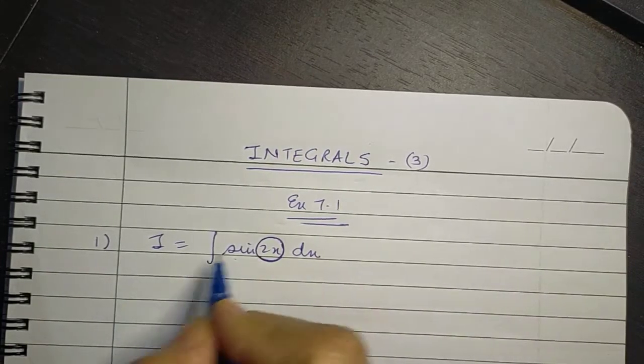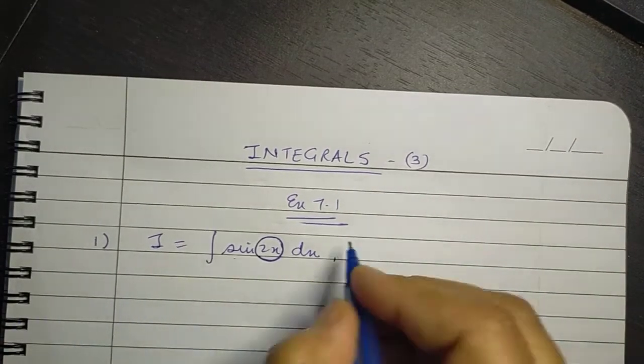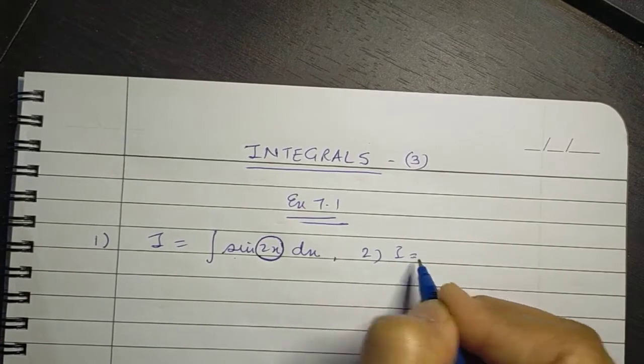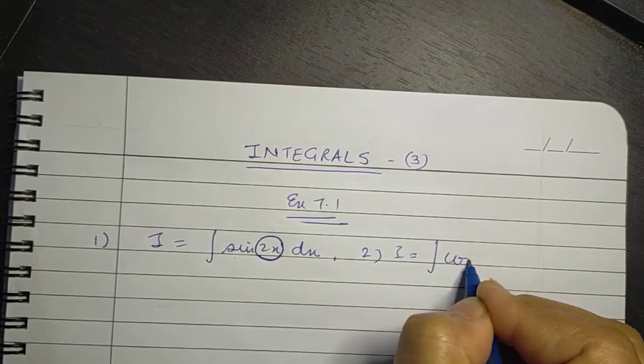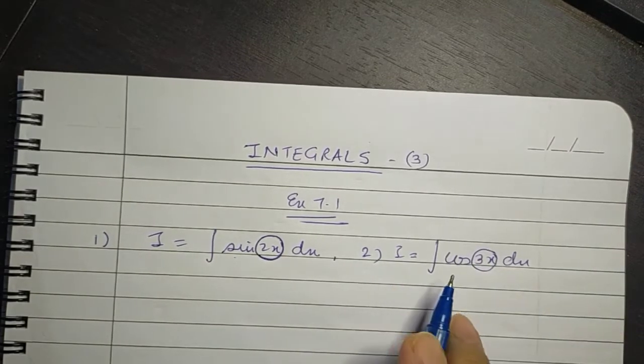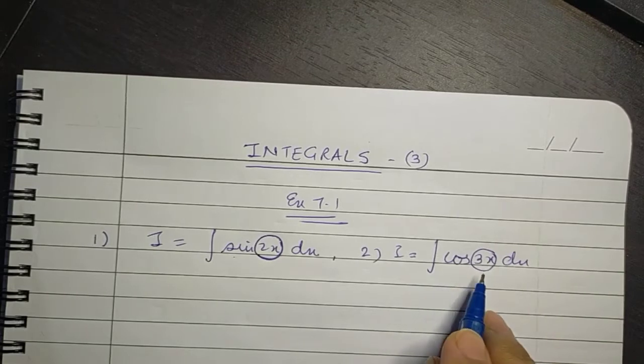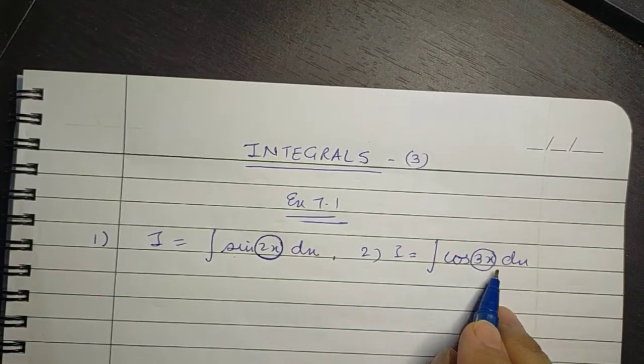Similarly, the second question says find the integral of cos 3x dx. Again the same problem. We know the integral of cos x, but we don't know the integral of cos 3x.